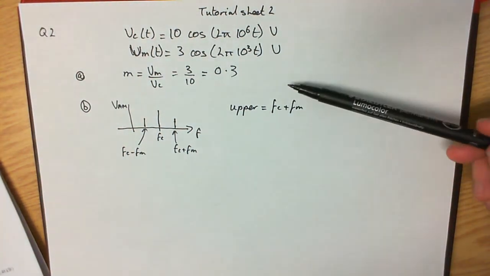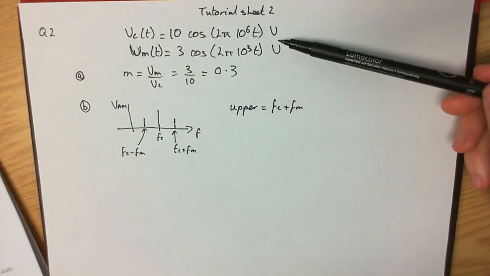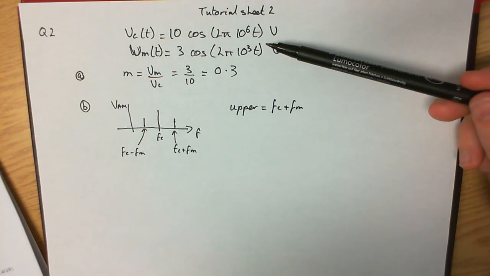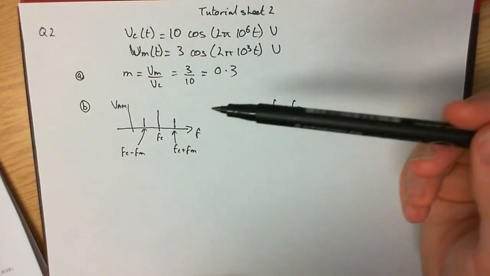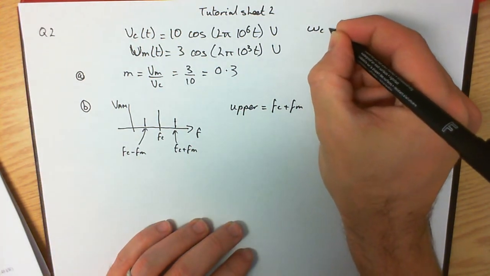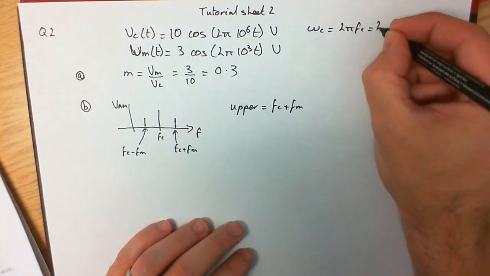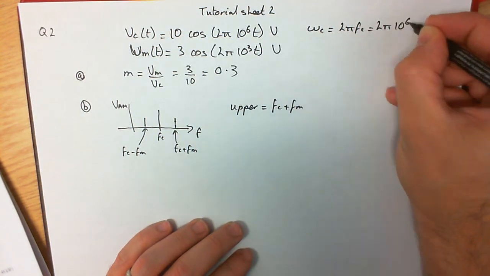So how do we work out what Fc and Fm are? Well, we can work that out from the information that we're given here. What we're given is 2 pi times 10 to the 6. So omega c is equal to 2 pi Fc, which is equal to 2 pi times 10 to the 6.